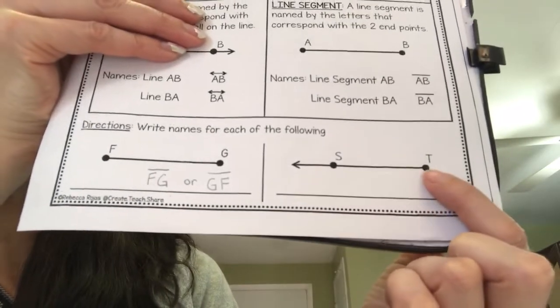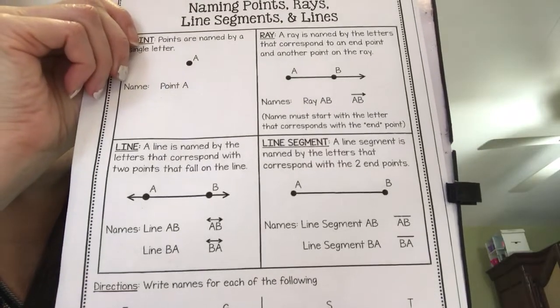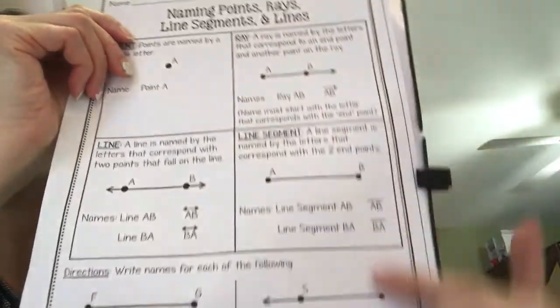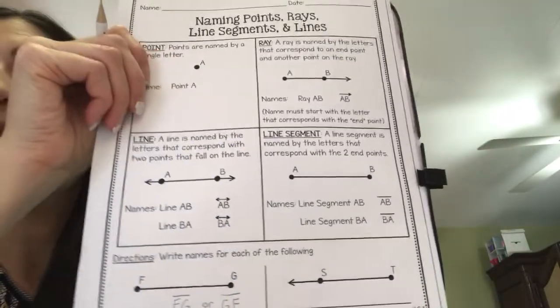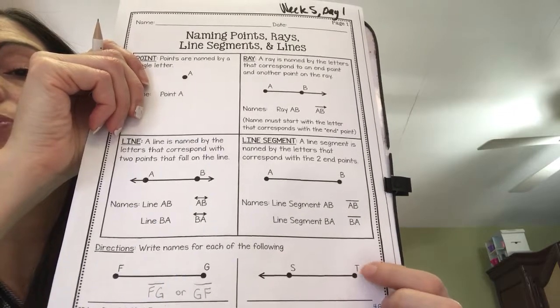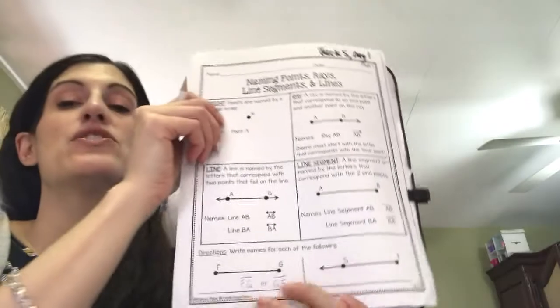Okay, look at this one. This one has just one arrow. Let's look back at your little notes. That's right, we would call that a ray. Now, rays are special because it's got a starting point. This time the starting point is T. So we have to start at T. So we would call this TS.